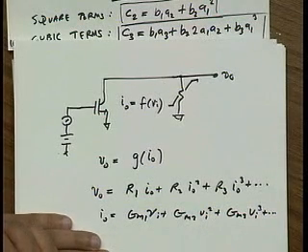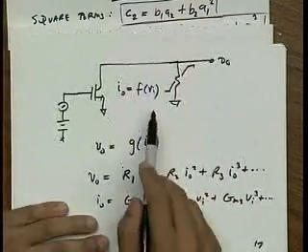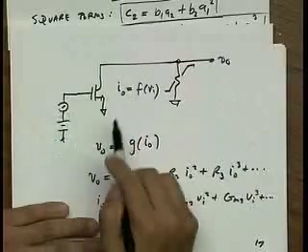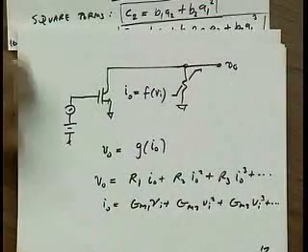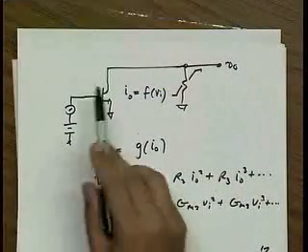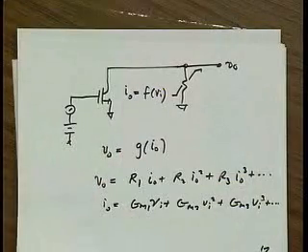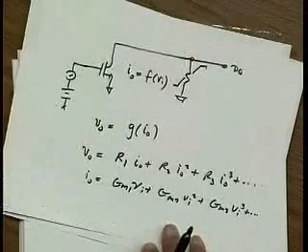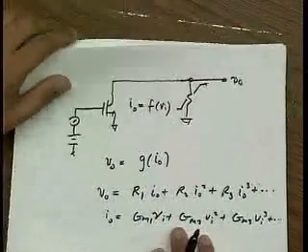Okay? And you might think, well, that's kind of artificial. Why are you putting a nonlinear resistor here? Well, actually, the output impedance of this transistor is nonlinear. So if this transistor were loaded by, let's say, a current mirror, then this analysis would apply. Okay. Questions about this?